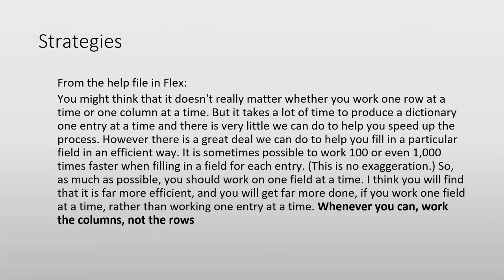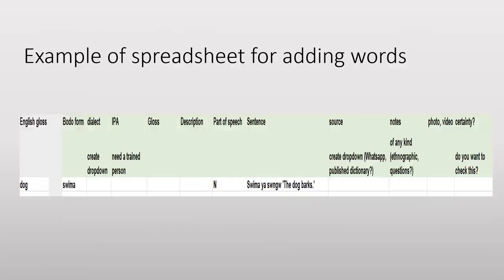When you're working in the Flex on a spreadsheet, whenever you can, try to fill in and clear out the columns rather than trying to go sideways. So say after the end of the year, your class has picked 60 words and added them here. Then going through the 60 words for part of speech first and adding all of those would be very helpful.